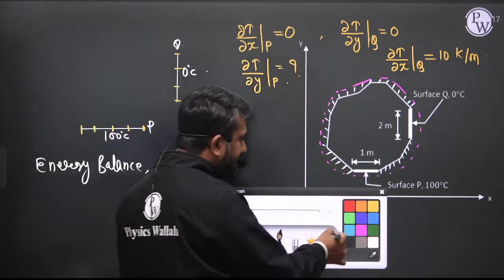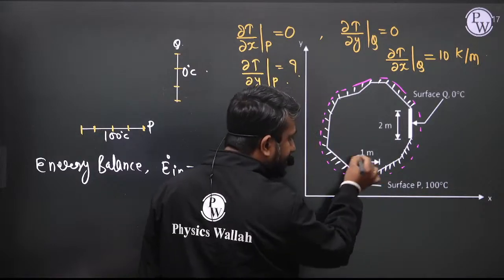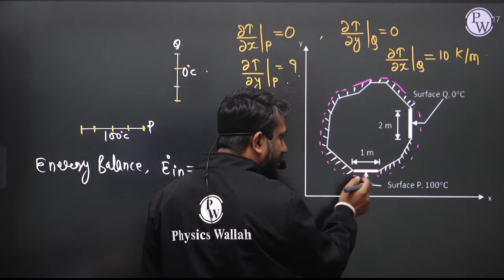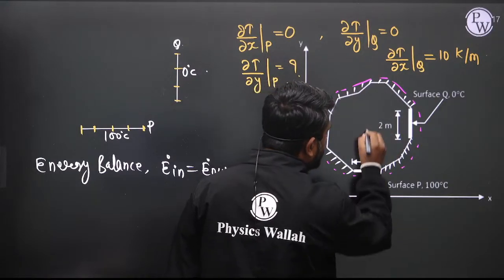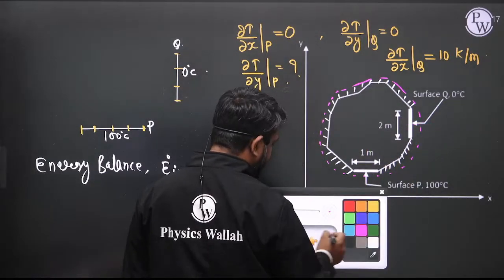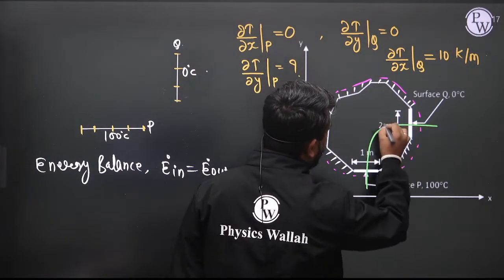Rate of energy in occurs via conduction. This surface is maintained at 100 degrees Celsius, this surface is maintained at 0 degrees Celsius, and conduction heat transfer occurs like this.